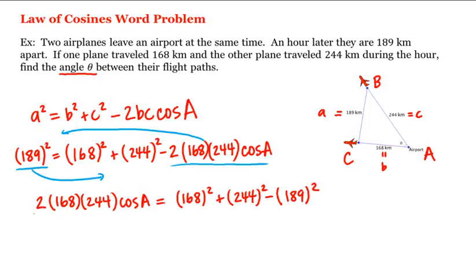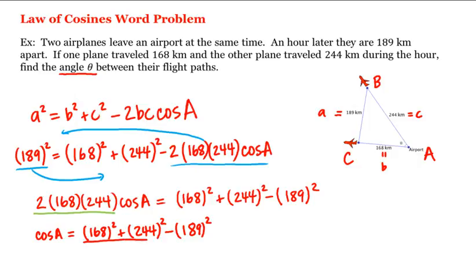And now dividing both sides by this product here gives us that cosine of A is equal to 168 squared plus 244 squared minus 189 squared, divided by 2 times 168 times 244.